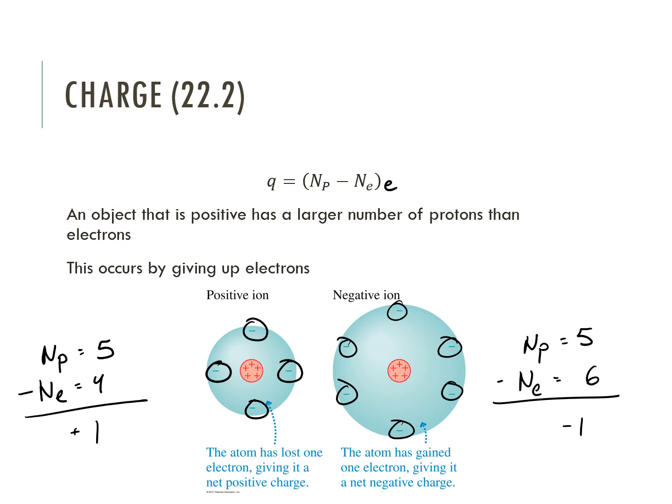An ion is just an atom that has changed the number of electrons from neutral to positive or negative. In this very particular case, we have gone from 5 to either 4 or 6, depending on which one we're looking at. So an electron has been given up from this left atom into the right atom.